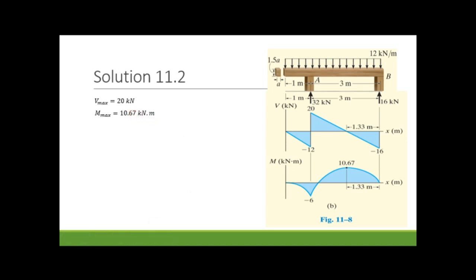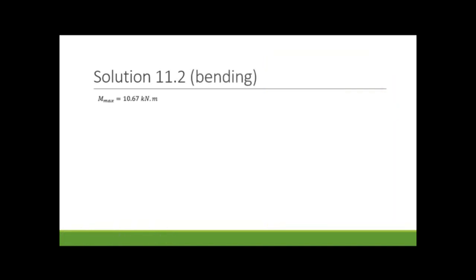First of all, I want to start with the maximum bending moment. We have to calculate with the section modulus. Now we will not choose from the table, therefore we have to calculate the section modulus separately.